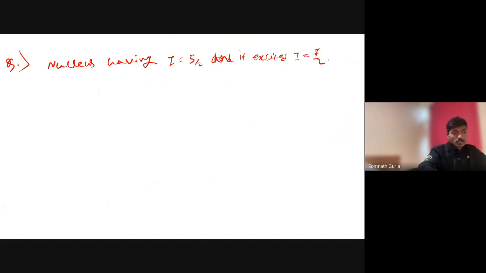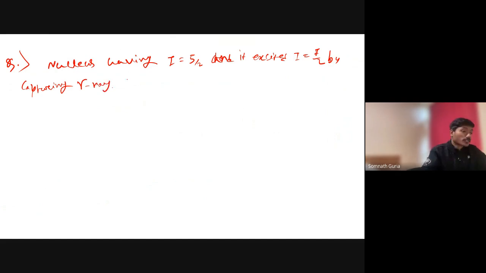Okay, so we have a nucleus having I value equal to 5 by 2, and it is excited to I equals 7 by 2 by capturing a gamma ray.